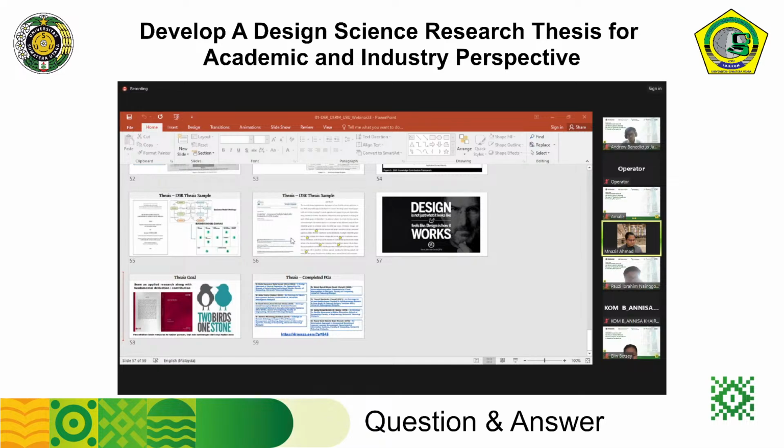First, of course, we need to settle the academic requirement in terms of knowledge contribution and rigor. And second, we hope the product produced from the thesis can be adopted by an early adopter. This is what I call, in the first slide, a minimum viable product for industry attraction.